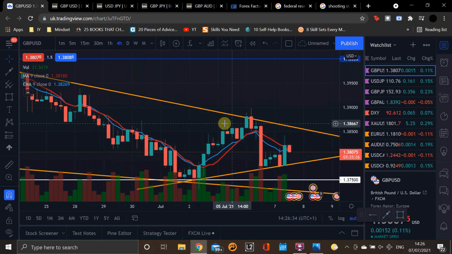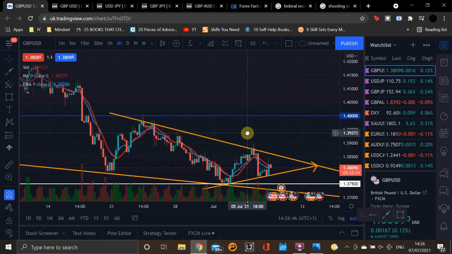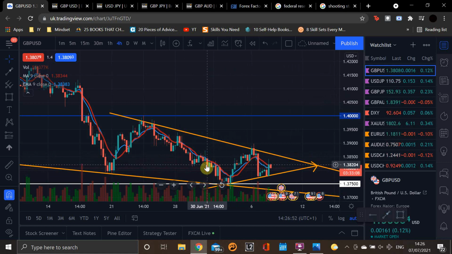Okay, so remember we have the falling wedge, we have the little bit of support zone at mid, and we have the symmetrical triangle going on. Okay, what else do we see? There is kind of a resistance point here, a resistance point that it made itself.